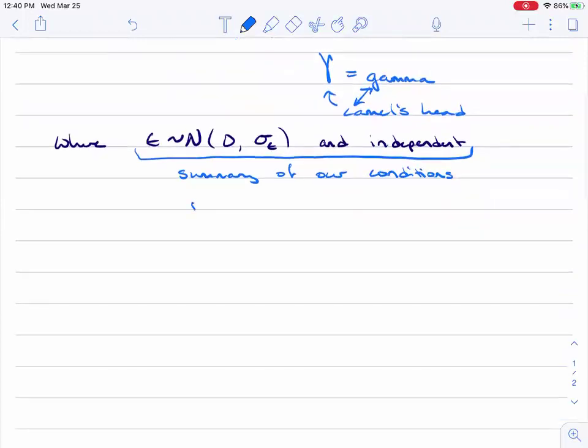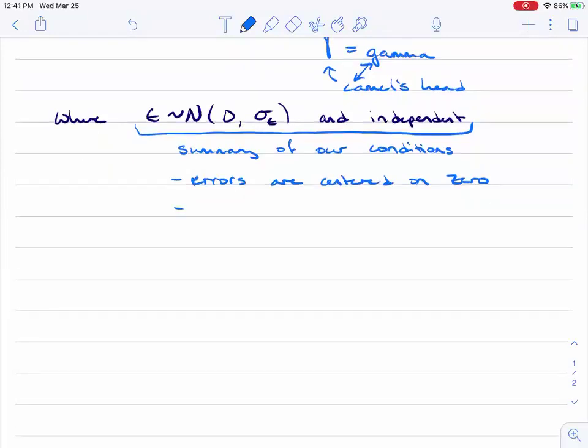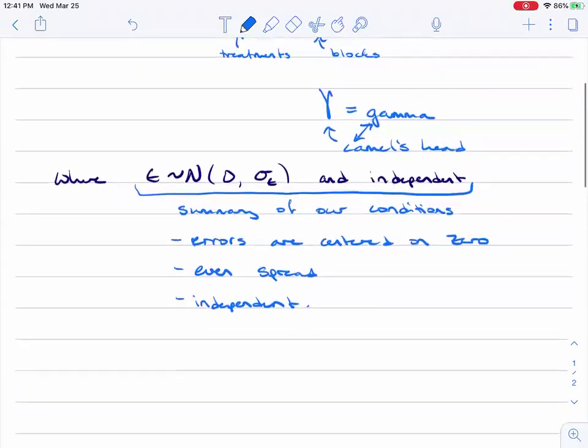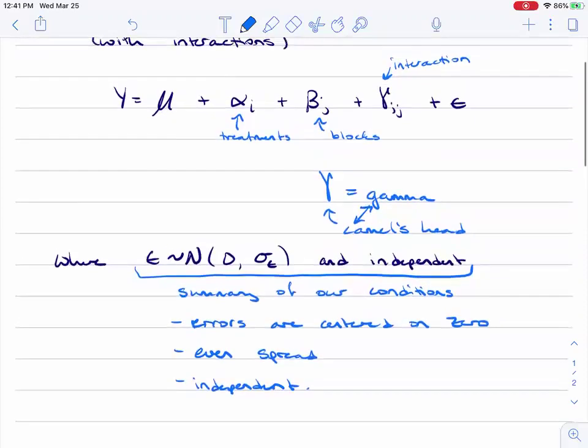The errors are centered on 0, with even spread, and they're independent. So that's basically a summary of the conditions. It's nothing new, but I haven't really been writing them out that way, but we definitely can.